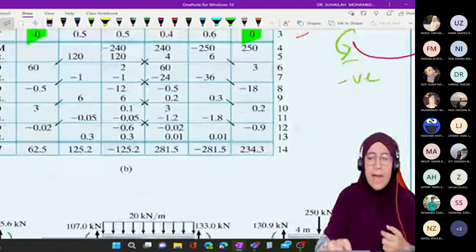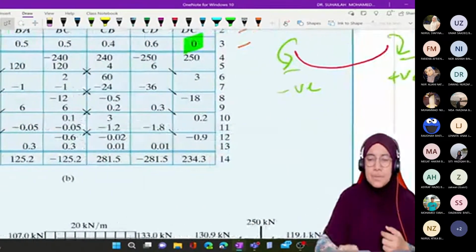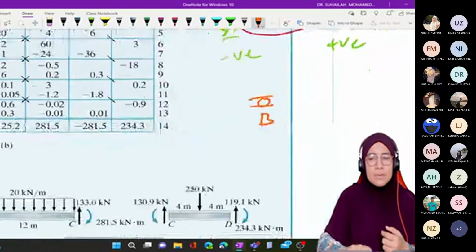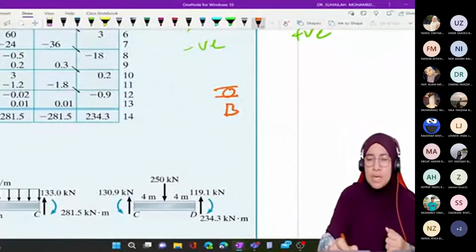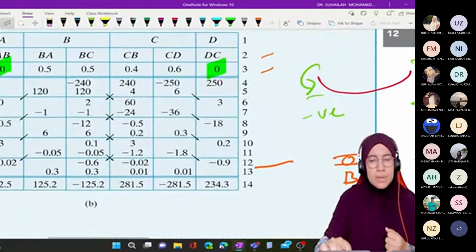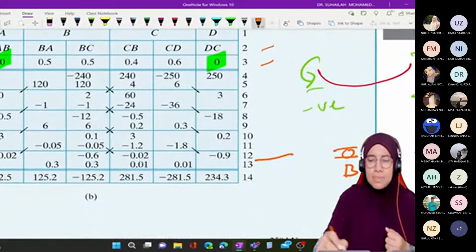That means at joint B, we get two members.